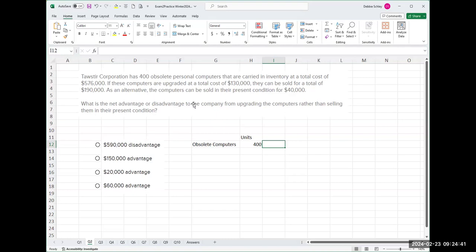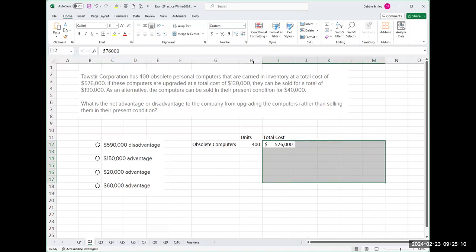At a total cost of 576,000. Sorry. Holy cow. And I call total cost 576,000. So again, this is a number. And I'm pretty sure these cells are going to be dollars. I'll fix it later if it's not.